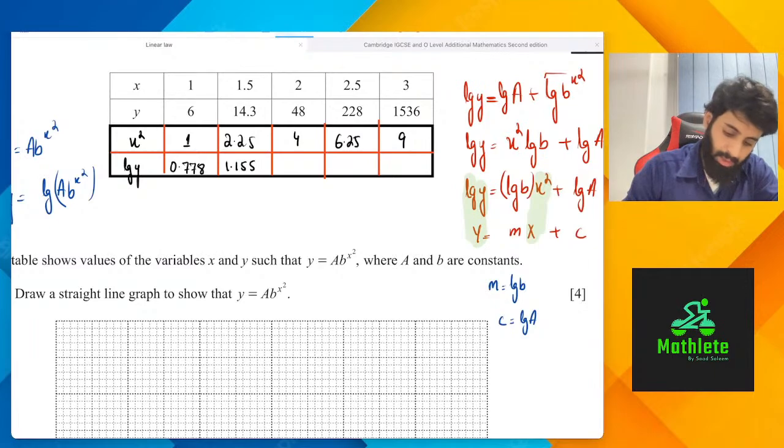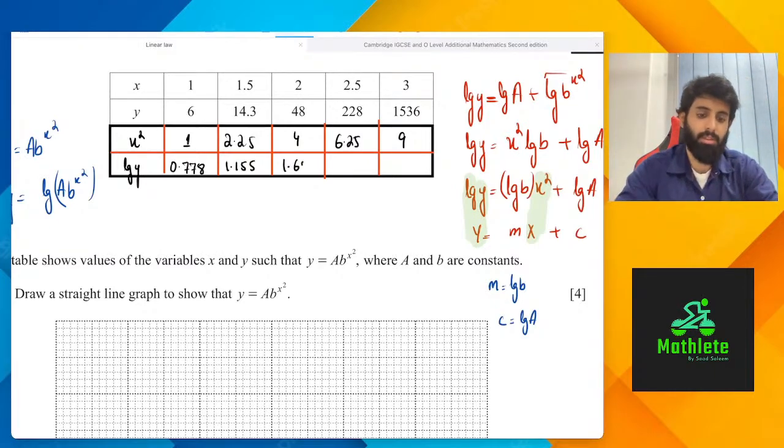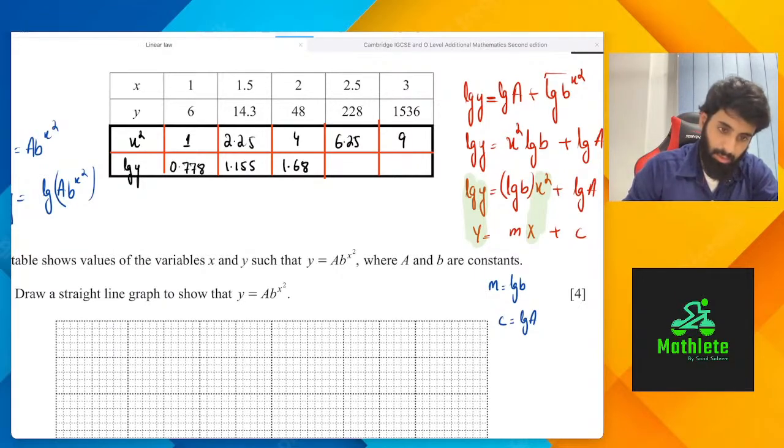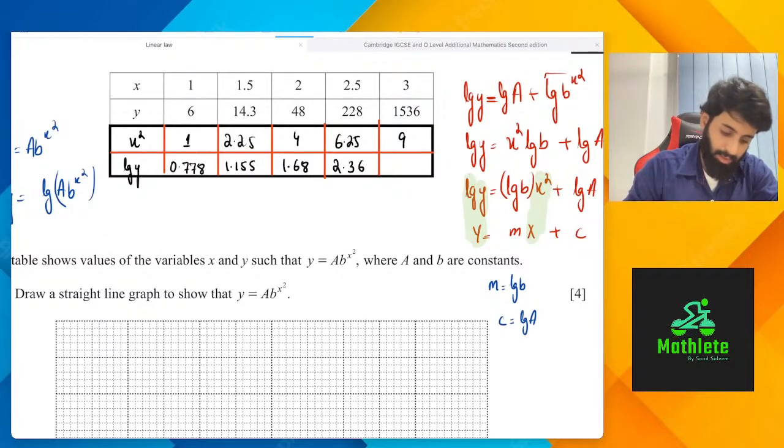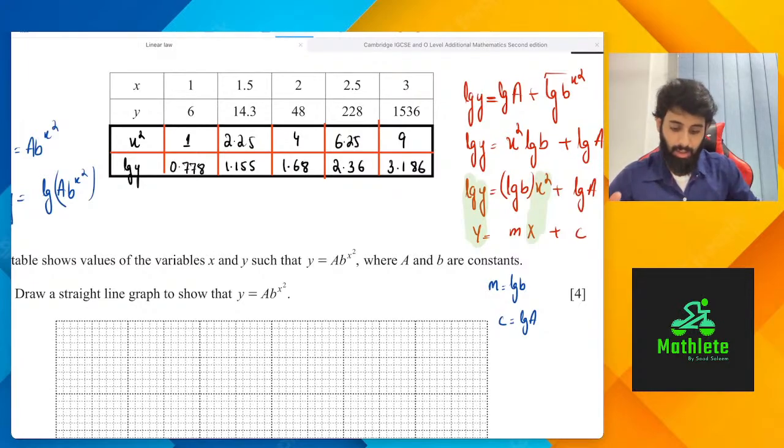We will obviously plot maximum correct to 2 decimal places. So 228, let's see what we have. We have 2.357, so that's going to be 2.36. And then finally, we have 1536. So 1536 will be 3.186, which we will ultimately make 3.19.